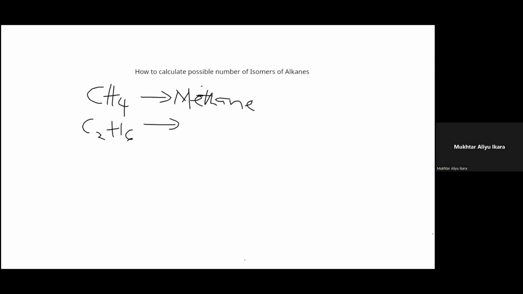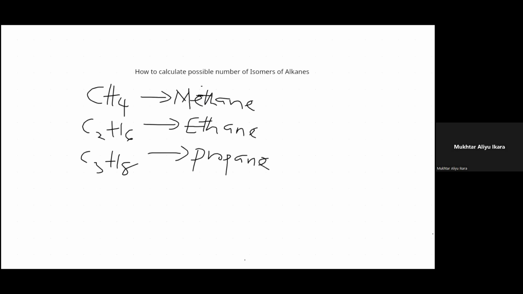Then we have C3H8, which is propane. So these are the first three members of alkane.